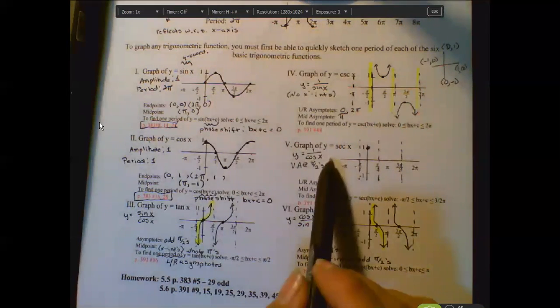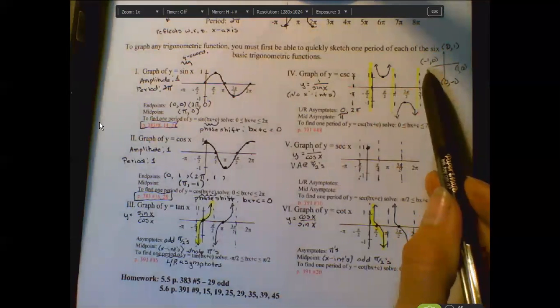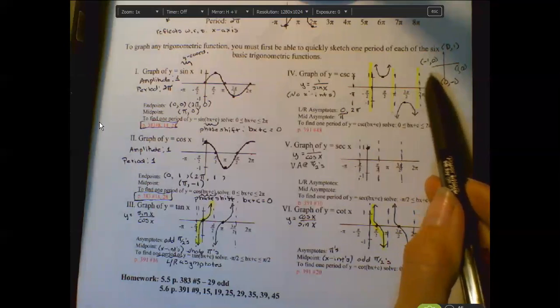Correct, yeah. Okay, and so if cosine is 1, secant is 1, that means (0, 1) is a point on the graph of secant, and at a whole pi, what is secant? -1.